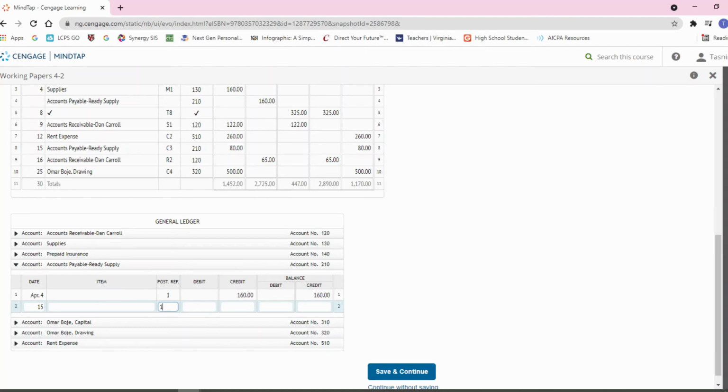And then that was for $80. So we have a debit this time for $80. Okay. And so in order to get our balance now, what is 160 minus 80? That is 80. So because we still have more in the credit, we need to put it over here in the credit balance, okay?